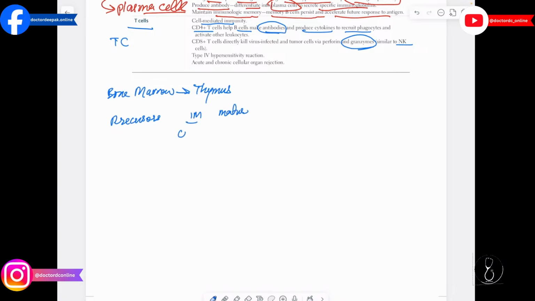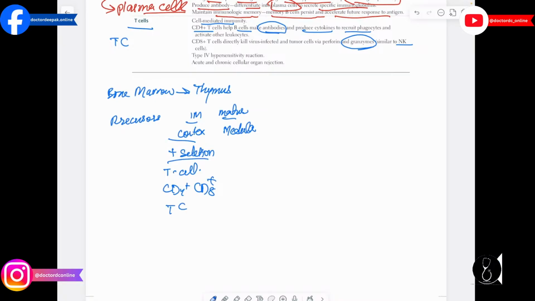The immature ones are in the cortex and the mature ones in the medulla. In the cortex, there will be positive selection. Positive selection means the T cell has both markers, CD4 positive and CD8 positive, plus they also have T cell receptors.